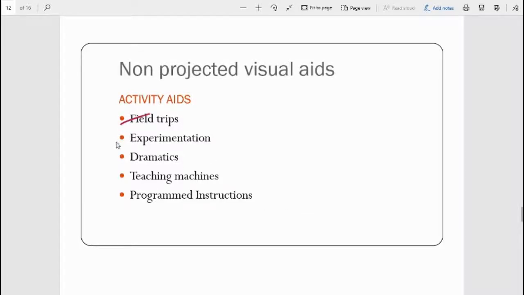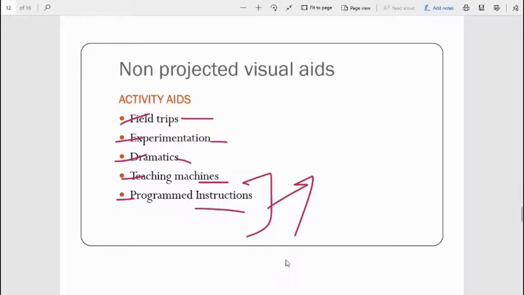They are field trips, experimentation, dramatics, teaching machines, programmed instruction. Field trips, for example, if you are learning archaeology, then excavation and exploration will come, or architecture courses demand this. Experimentation again in science, and drama stage is there. Teaching machines, programmed instruction: I have discussed this in detail in my previous videos, you can go and check out there, but I will tell you in brief.